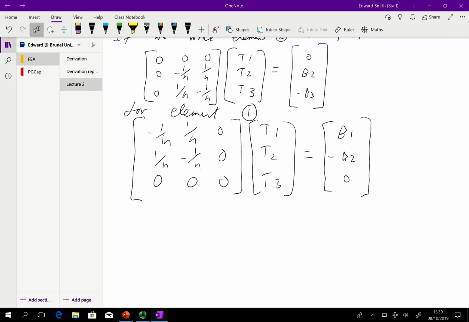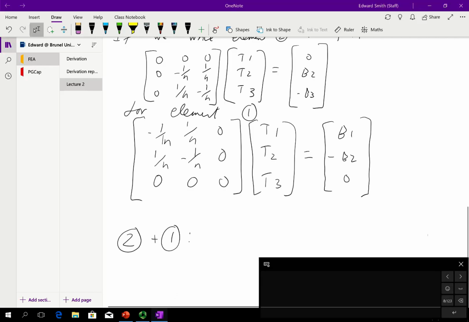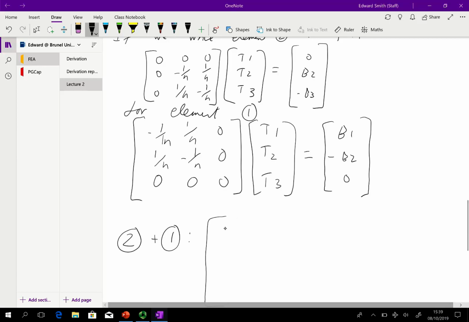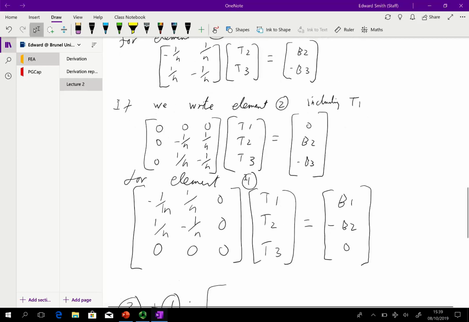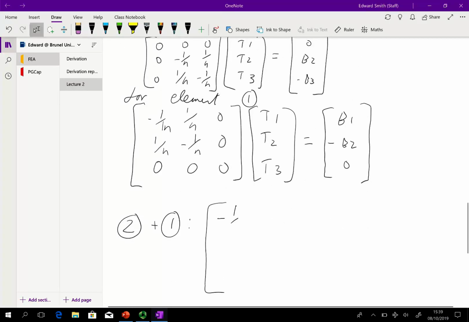So we can form a kind of global matrix where we add 2 and 1 together here. And what that gives us is a kind of global matrix where the first term is 1 over h from this term. Now the middle term we're adding between the two, so this term is added to this term here.